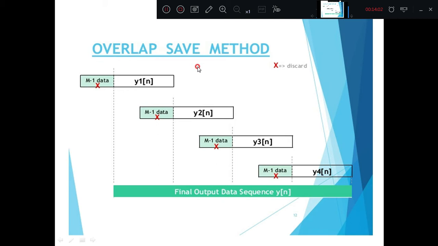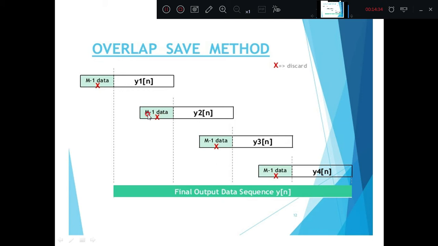And in the overlap save method, before you combine to get the output data sequence, you have to do some procedure here. In the first convolved output block, you have to discard the first m minus 1 samples. In the second block also you have to discard the first m minus 1 data.